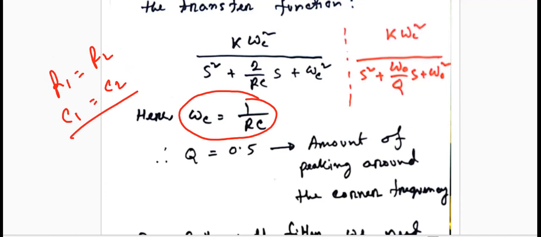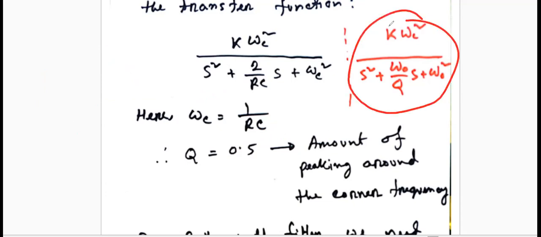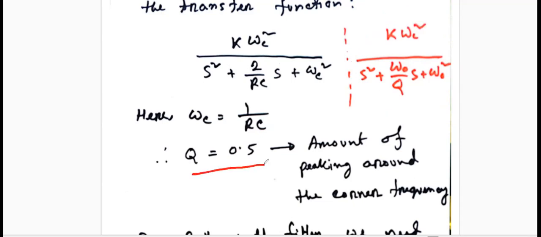That solves our problem, but it makes another problem. Based on this equation, what should be the value of Q? The value of Q is equal to 0.5.